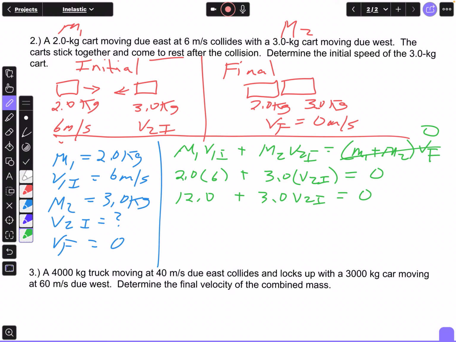Now I need to get V2I by itself, and the way to do that would be to move the 12.0 over to the other side. So I'm going to subtract 12.0 from both sides. That's going to give me 3.0 V2I equals negative 12.0.